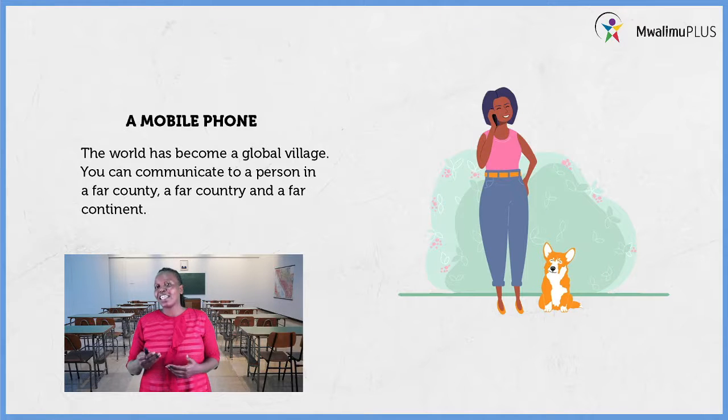Again, if you are in Kenya, you can communicate to somebody in another country, say Tanzania, Uganda, or even a far country. You can also communicate when you are in Africa to a person in Europe. So, mobile phones have made communication easy, fast, and therefore has made the world become just a village.